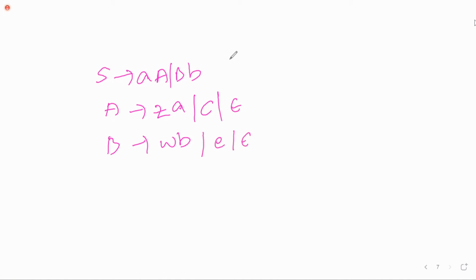Here c is a small letter, don't get confused. Next, Z is deriving A B. W is deriving B A. Now tell me, first remove the null productions. Next, check whether there are any unit productions. Next, check whether there are any useless symbols. After that, tell me the final simplified grammar. Very simple question. Do it.